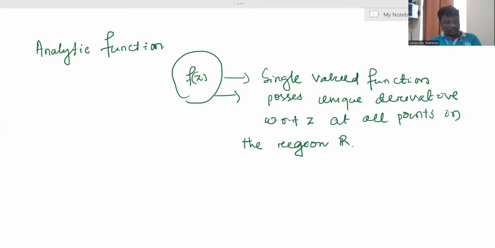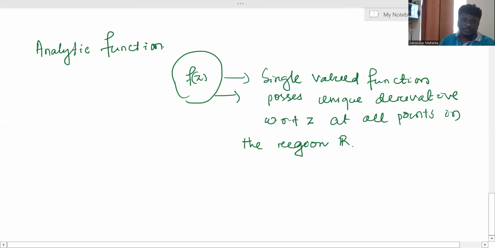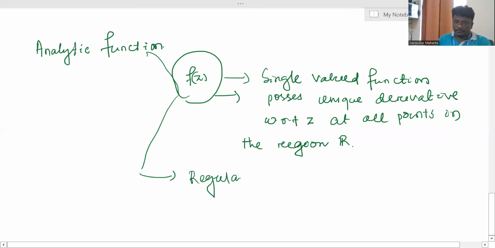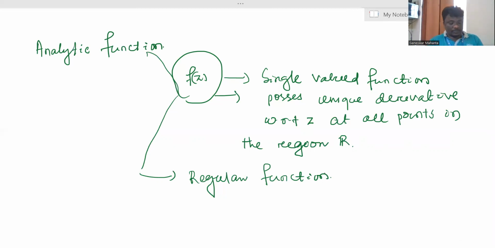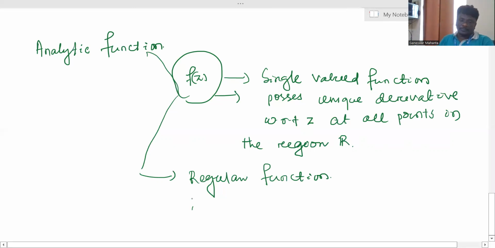Analytic functions are also called regular functions or holomorphic functions.